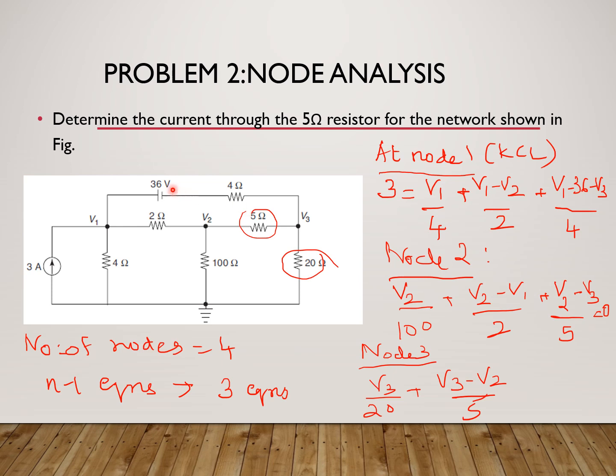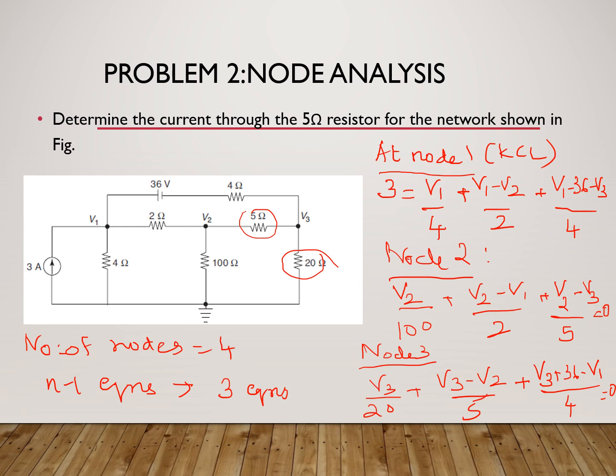So V3 plus 36 minus V1. So this is how we are going to be writing it. So the effective potential drop is going to be V3 plus 36 minus V1 divided by 4. And again, V3 does not have any current sources, so all the currents are again leaving. So that is equal to 0.